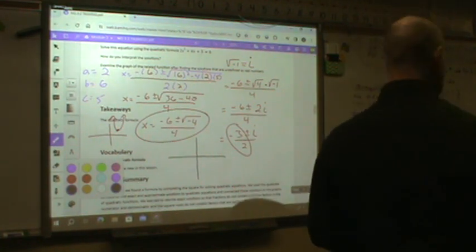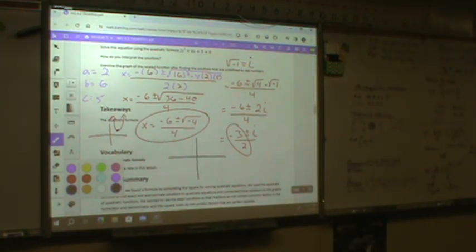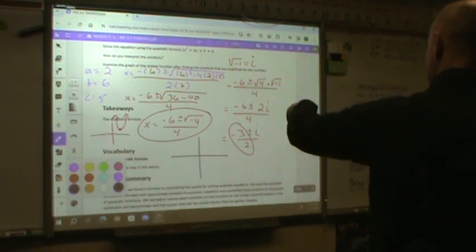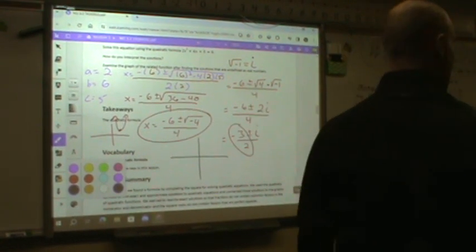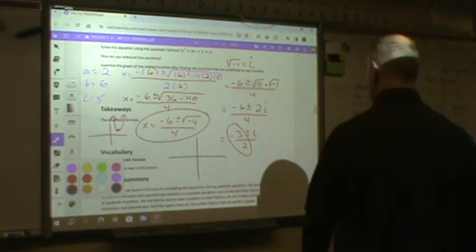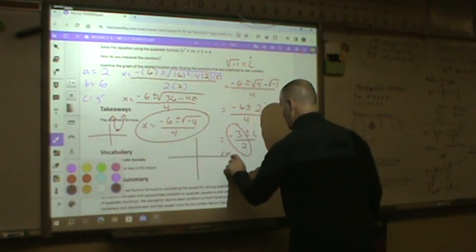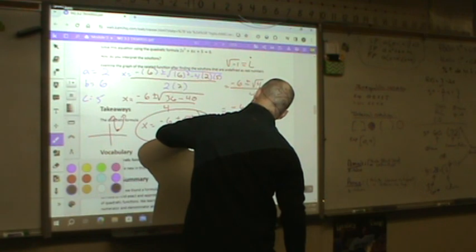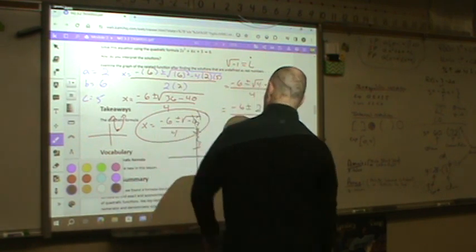Here's my graph, and this is how you graph imaginary or complex solutions. Remember how we normally graph and we have an x-axis and a y-axis? Well, since it becomes complex, it's no longer x and y, it's what we call real and imaginary.